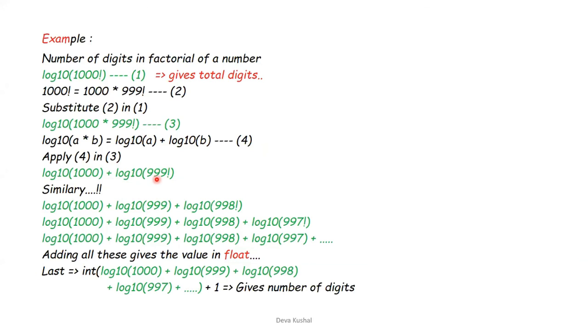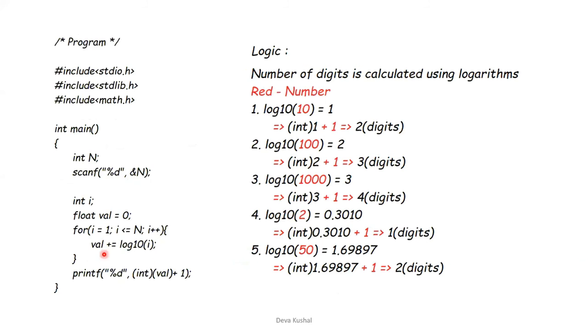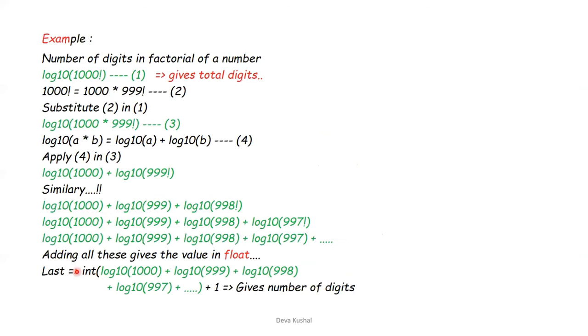Again this 999 factorial will continue the same: 999 plus 888 factorial, again 888 factorial, so on 777 factorial, 666, 555, and so on. Adding all these values, the value will be in float. So I'm taking the number VAL as a float so that we might not miss any value. Clear? At last, adding all these numbers plus 1 gives the total number of digits.